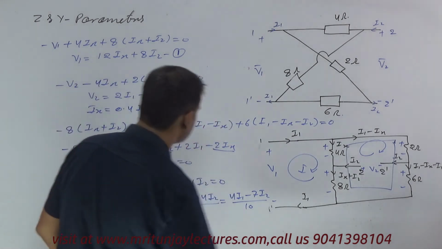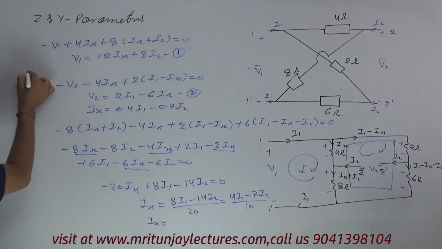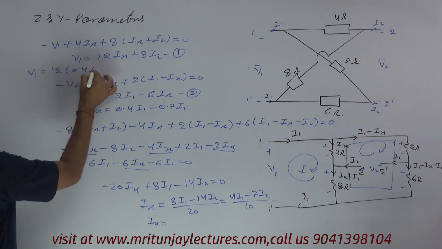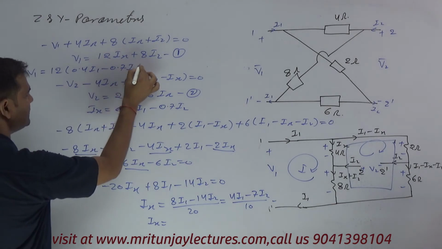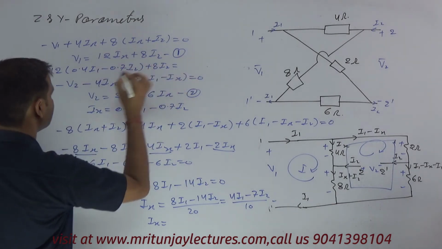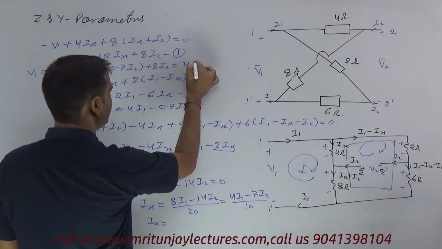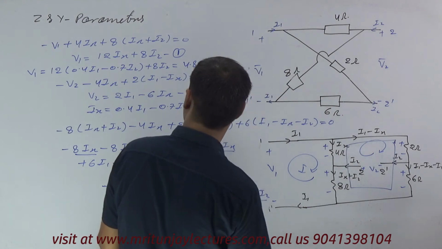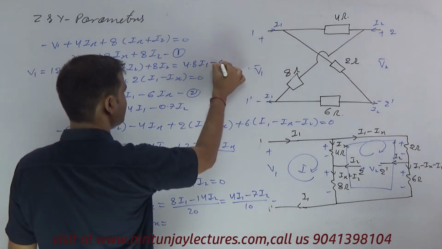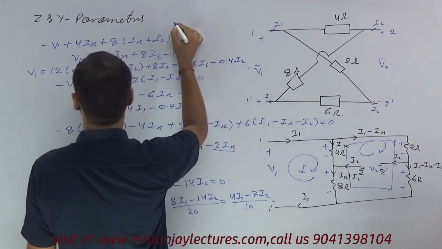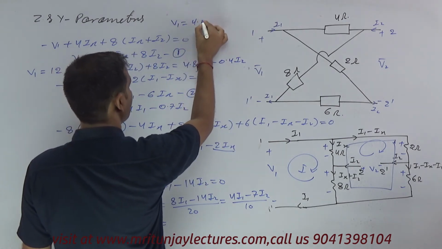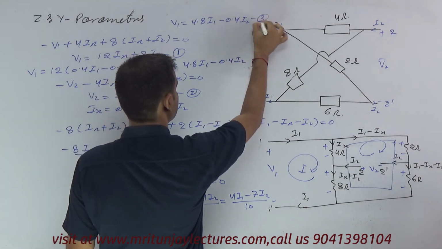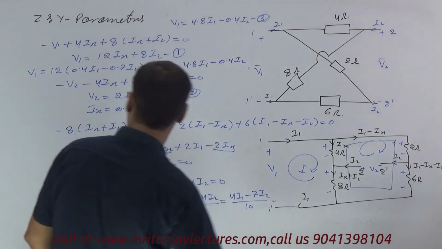Okay. Now if this value is put in equation number 1, then we got 12 into 0.4 I1 minus 0.7 I2 plus 8 I2. Now after that 4.8 I1 minus 0.4 I2. So V1 is clear, that is 4.8 I1 minus 0.4 I2, equation number 3.